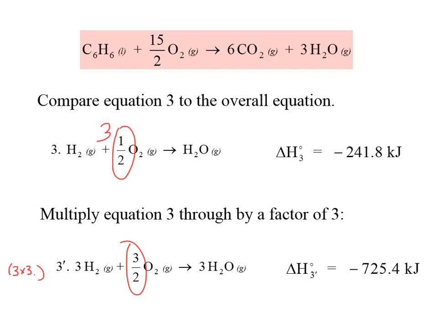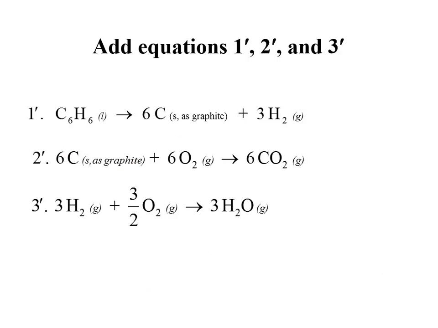We have to scale up everything. Don't forget to scale up as you go. Now at the bottom of my page, I have a 1 prime, 2 prime, and 3 prime. And it should look something like this at the bottom of my page.